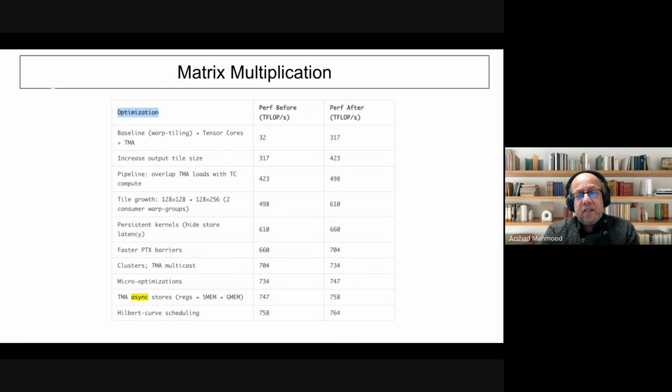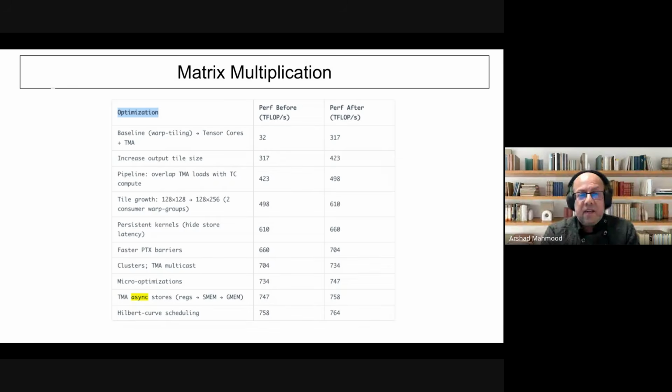But once he did algorithm 1, tensor cores and the tensor memory accelerator, performance jumped 10x. With swizzling and getting all the memory accesses aligned, it went to 317 teraflops pretty much straight away, and that was not a super complicated kernel.